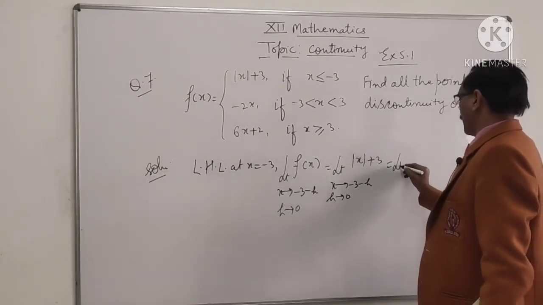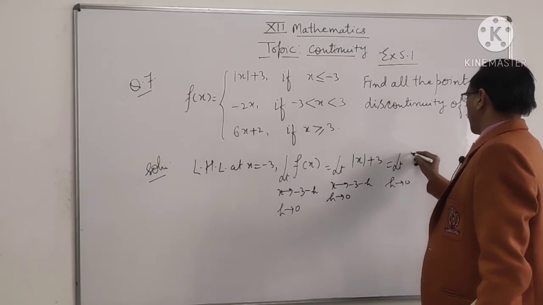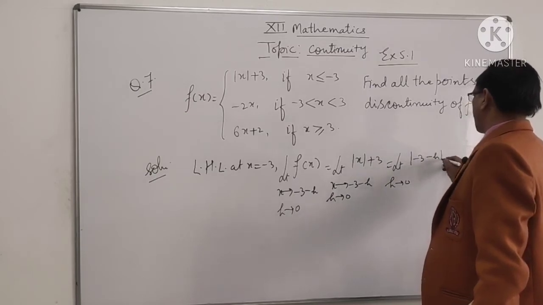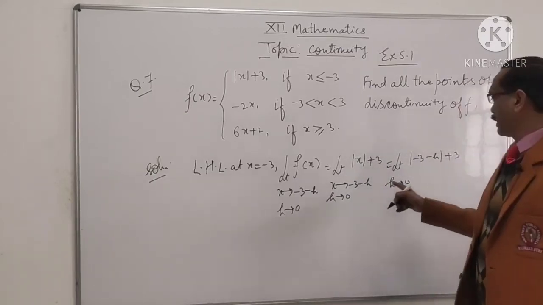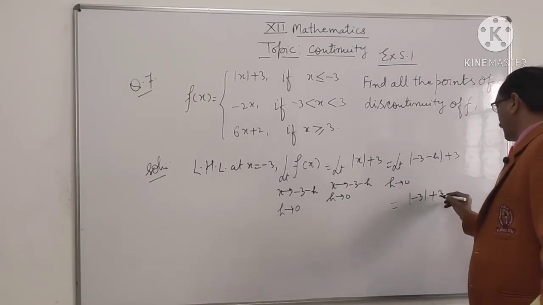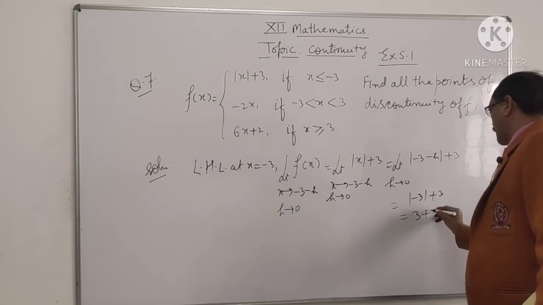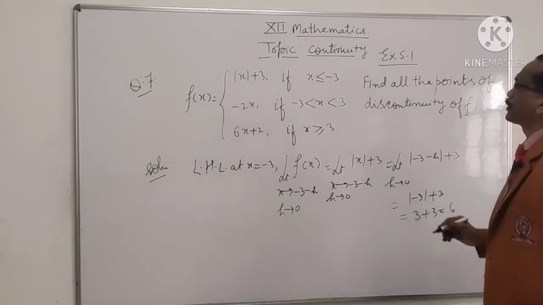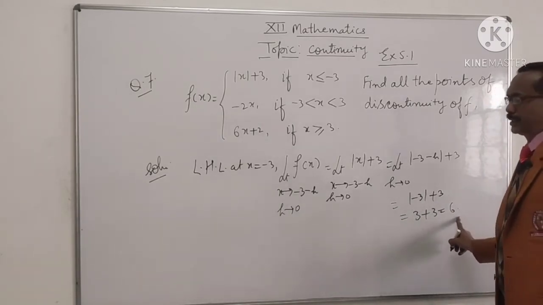Then limit h tends to 0, it is mod of minus 3 minus h plus 3. Putting h equal to 0, mod minus 3 plus 3 is 3 plus 3, which is 6. So here the left hand limit is 6.